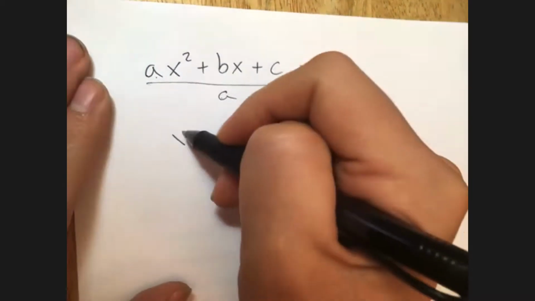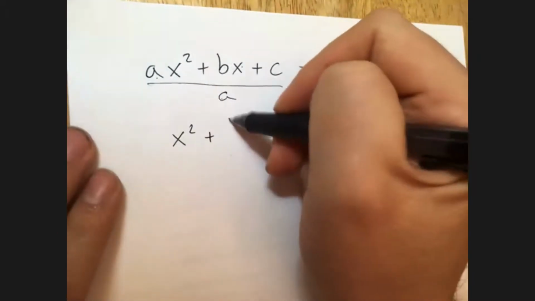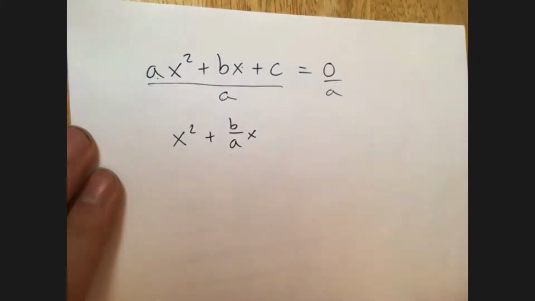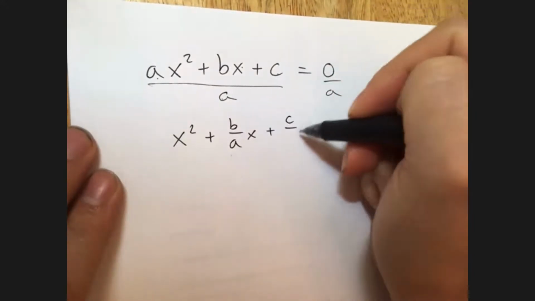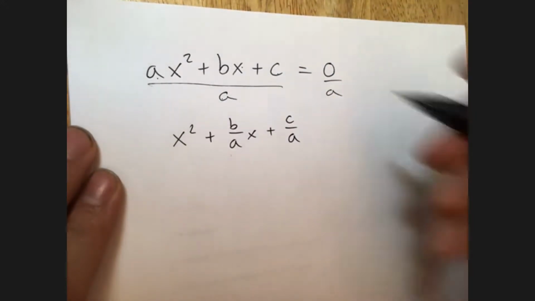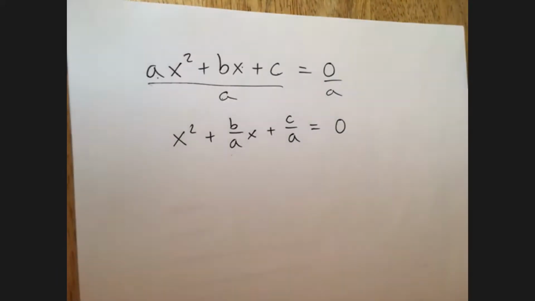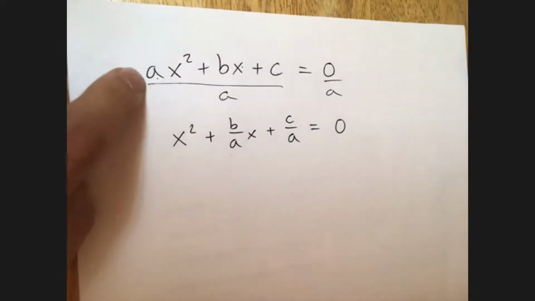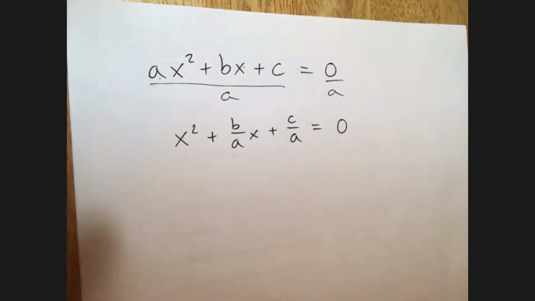You just get x squared. bx divided by a is b over a x. c divided by a is c over a. 0 divided by a is 0. 0 divided by any non-zero number is 0. We're assuming a is non-zero, otherwise this wouldn't be a quadratic. We wouldn't even need a formula to solve it, right? So assume a is non-zero.